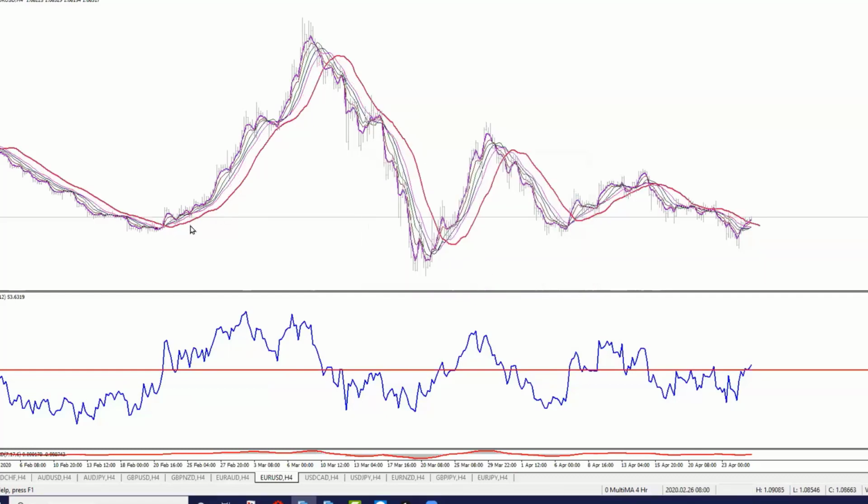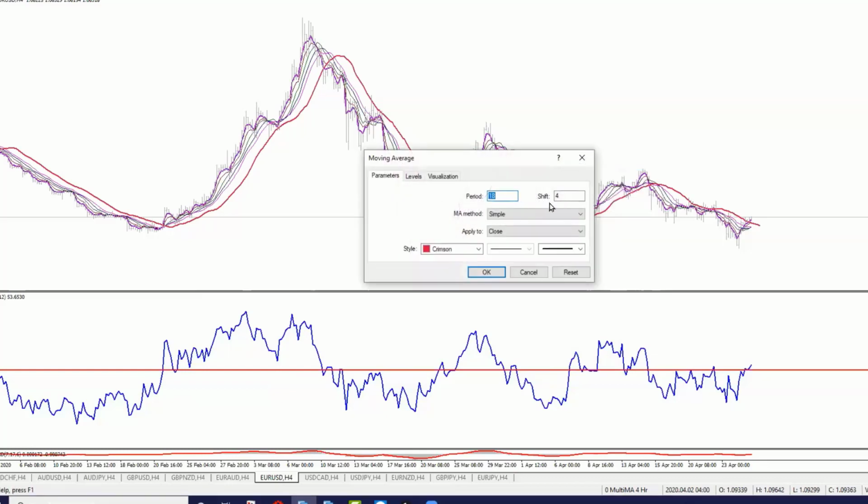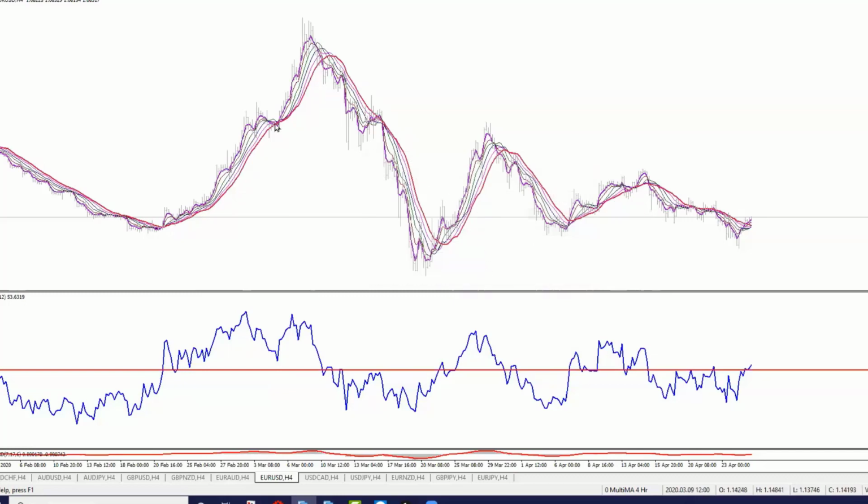You can see it cuts out the whipsaws very well, and it becomes a really powerful moving average. So remember that trick. Just shift the moving average and you'll get much cleaner signals, because I used to not shift it, and there used to be whipsaws and whipsaws and whipsaws, and then the minute I discovered the shift, that wasn't a problem anymore.